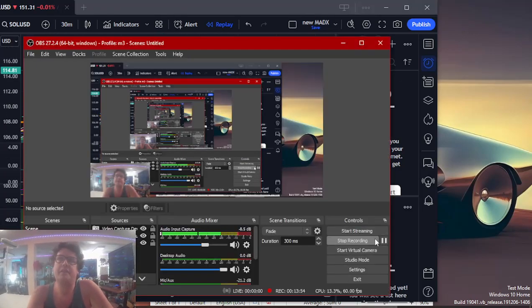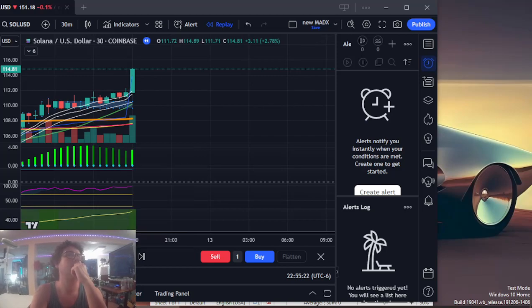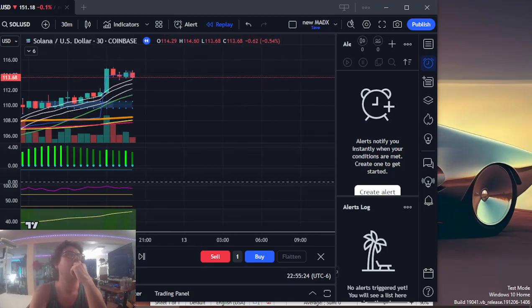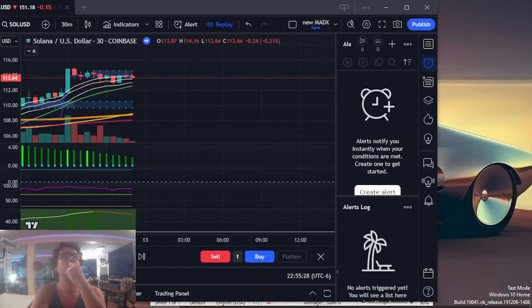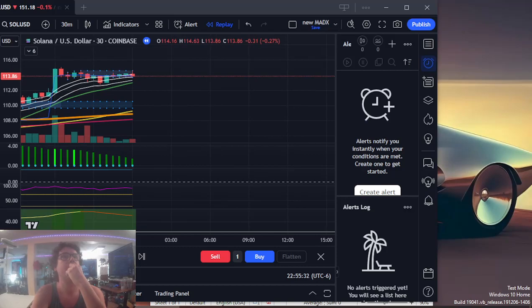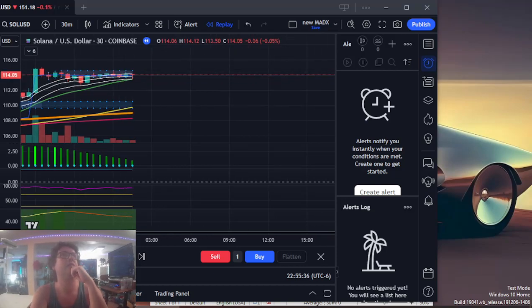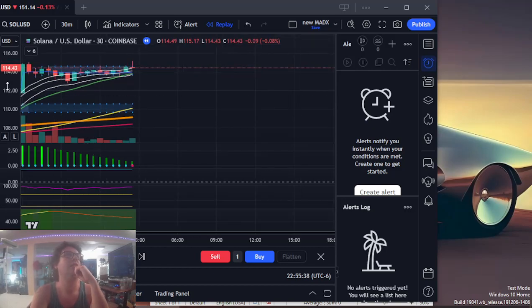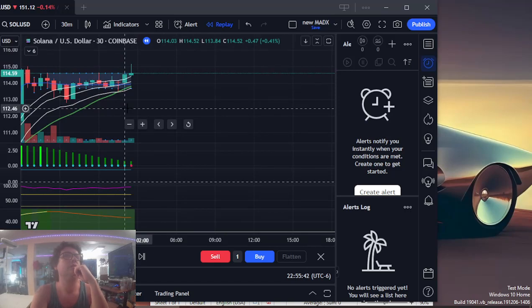Just a second. Alright. See here. See if we get a break below the green line. Nope.